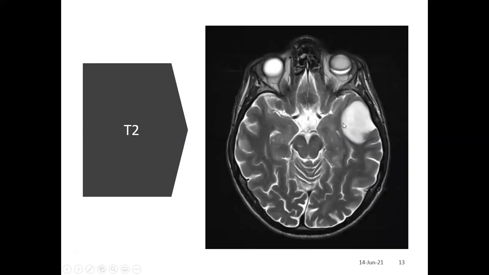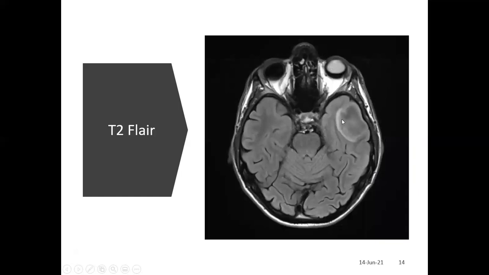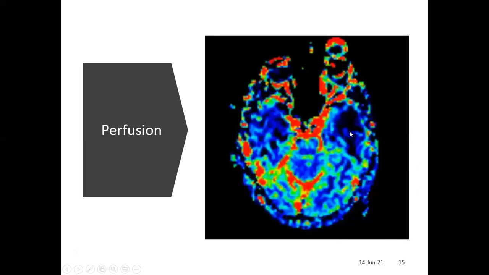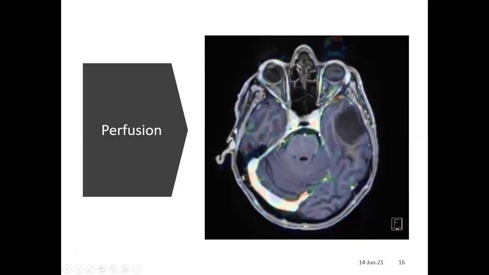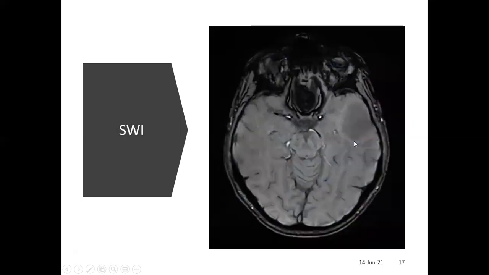On T2, you can see a hyperintense lesion, and on T2 FLAIR it may be heterogeneous or homogeneous according to the IDH mutation or IDH wild type. In the perfusion scan, unlike glioblastoma multiforme, there is no hyperperfusion; the relative cerebral blood flow is not increased in the local area.